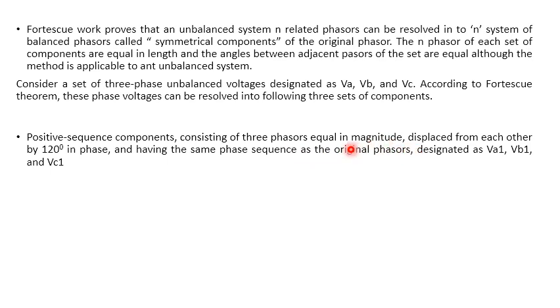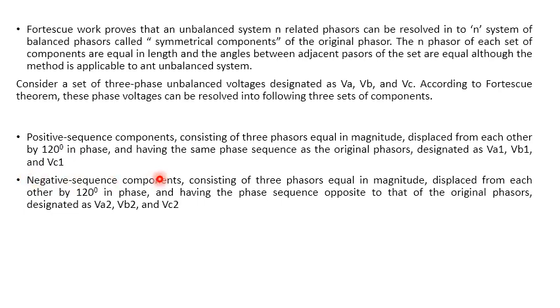There is no phase angle difference between any of the phases with respect to the original one. These are designated VA1, VB1, and VC1. Wherever we write 1, it refers to the positive sequence component.